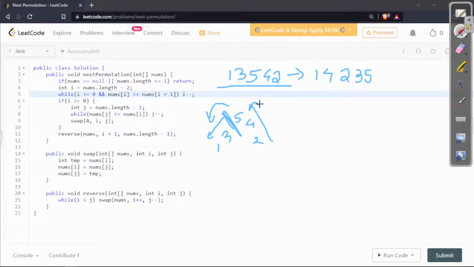In every lexicographical order, this will happen. The number will always break at some point, the number will always decrease at some point. So essentially what we are doing is finding this breakpoint, and after finding it, let me erase this first.